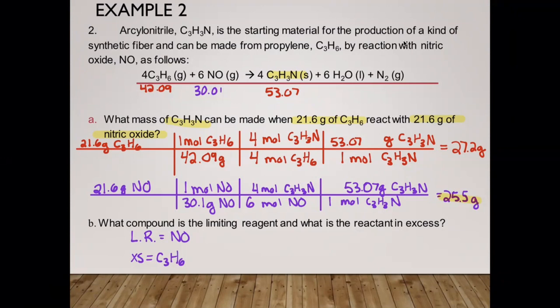If I tried to use the propylene to solve for those, I would be getting inaccurate predictions. So once you determine your limiting reactant, you don't really want to be using your excess reactant to calculate unless it's specifically asking you about something in relation to the excess.